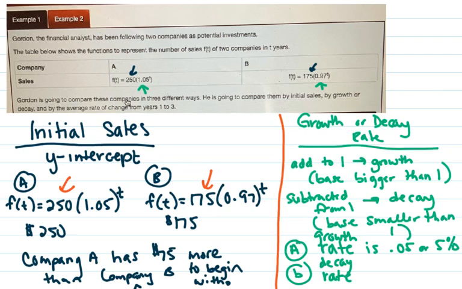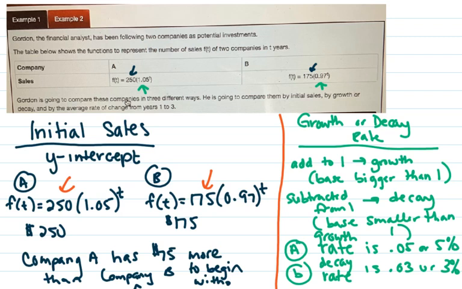So we're going to do 1 minus 0.97, which is 0.03 or 3%. And so company A obviously has the higher rate because A is growing and B is decaying, but also even if B was growing, 0.05 is bigger, but it's not, it's decaying.